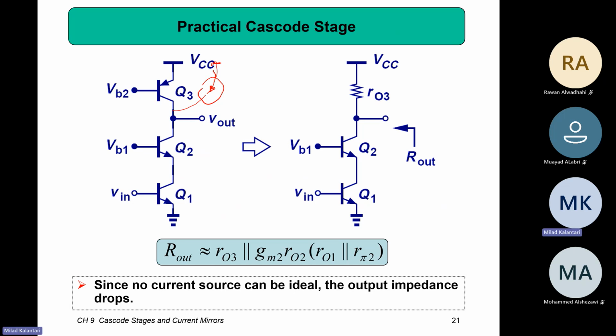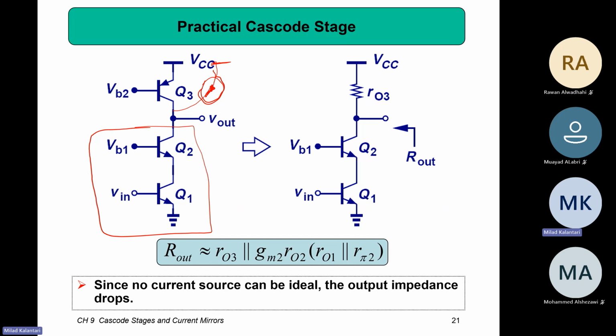How can we generate this current source to bias? So this is the cascode part, but we want to put this current source over here, right? What is the current source in practice, from the DC perspective, I mean?